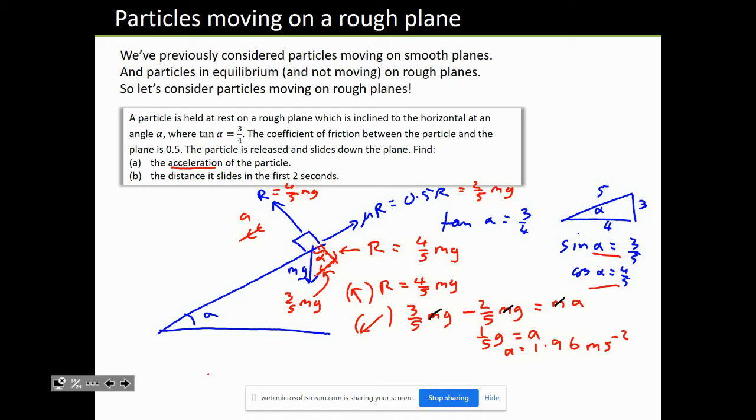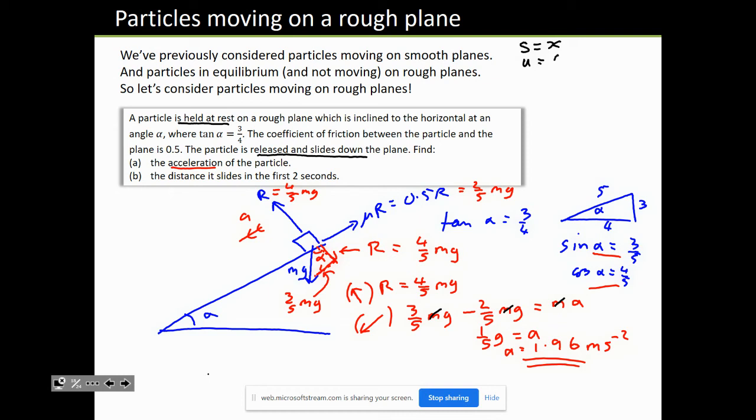Because we now know the acceleration down the slope, and that's a constant acceleration, we can use SUVAT equations to figure out the distance it's going to slide in the first 2 seconds. That's what we're trying to find out. The particle is held at rest, and then it's released and slides down the plane.